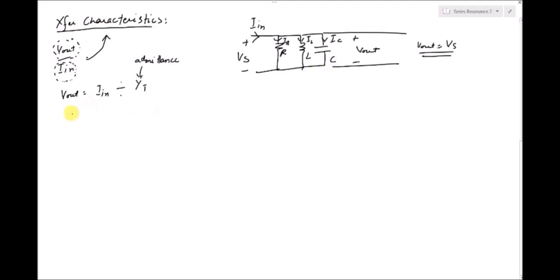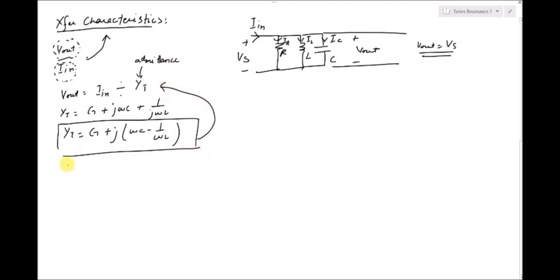And we know that the admittance is equal to the summation of conductance, capacitive susceptance and inductive susceptance. After simplifying it, it will become G plus j(omega C minus 1 over omega L). So that's your total admittance.